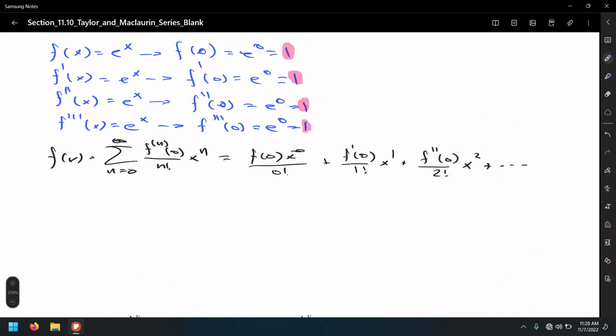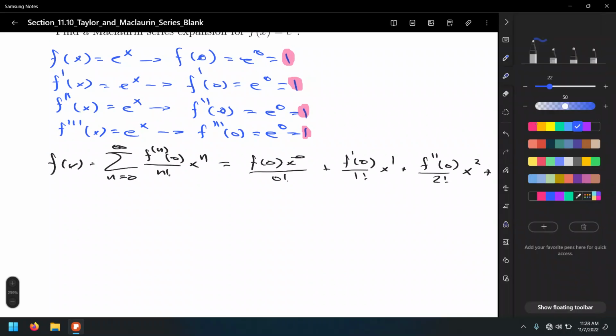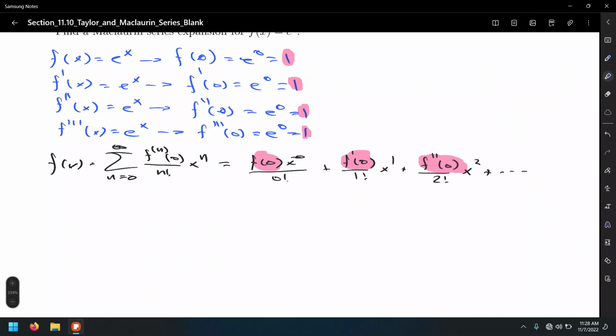All these coefficients right here are 1, 1, and 1. And same for the third derivative. So this is what we're going to do. So f of x equals 1x to the 0 over 0 factorial plus 1x to the first over 1 factorial plus 1x squared over 2 factorial plus 1x cubed over 3 factorial.